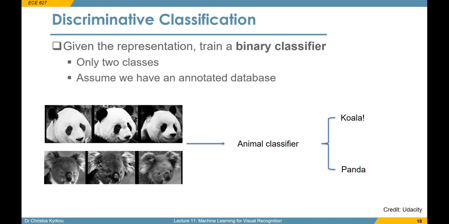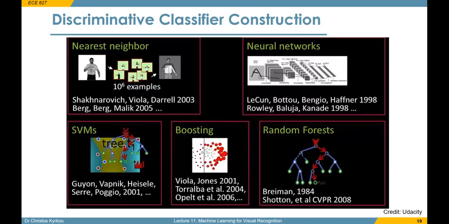A binary classifier can select between one of two classes, and we have different choices. We saw in the previous class, for example, the nearest neighbor classifier. Here you see some other popular methods for building classification systems, with some references below.